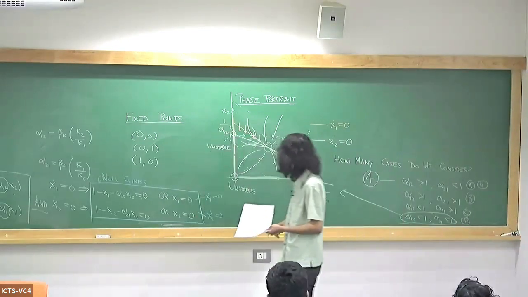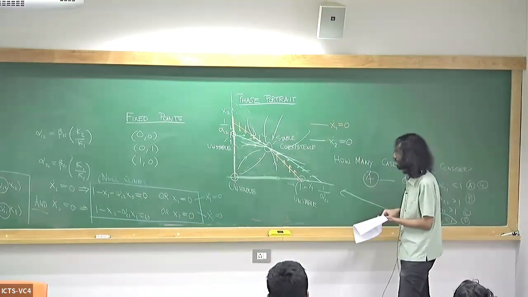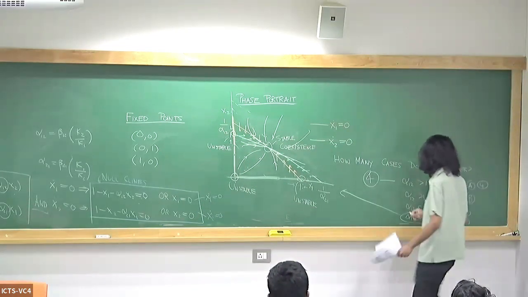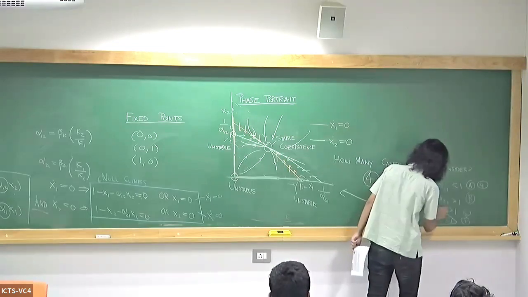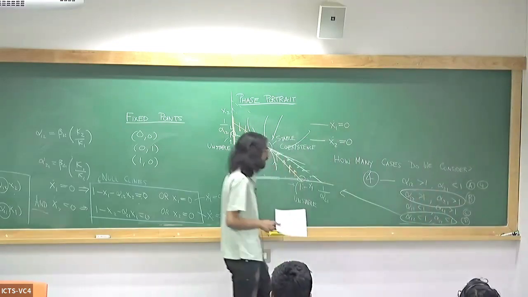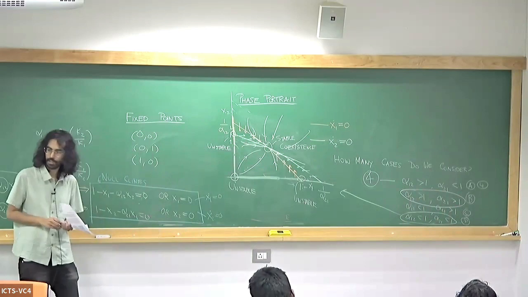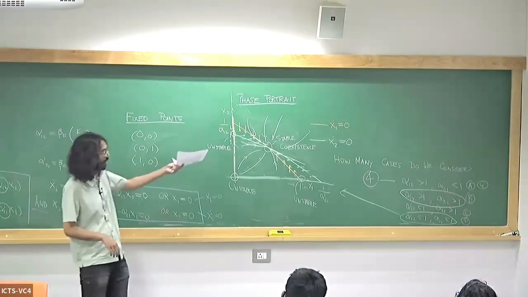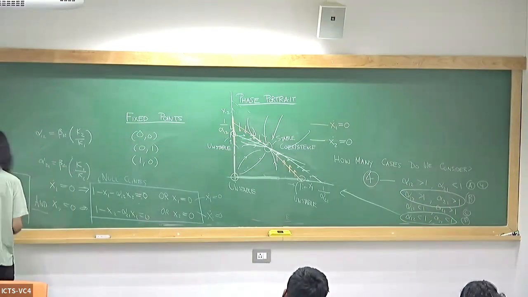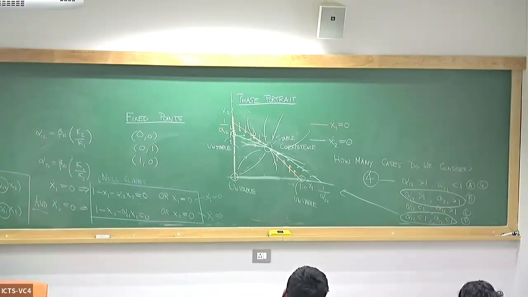And so you'll see that a funny thing will happen when you take this other case. When alpha 1,2 is greater than 1 and alpha 2,1 is greater than 1, you will also find an intersection. In fact, I'll just draw it here for us to see quickly.